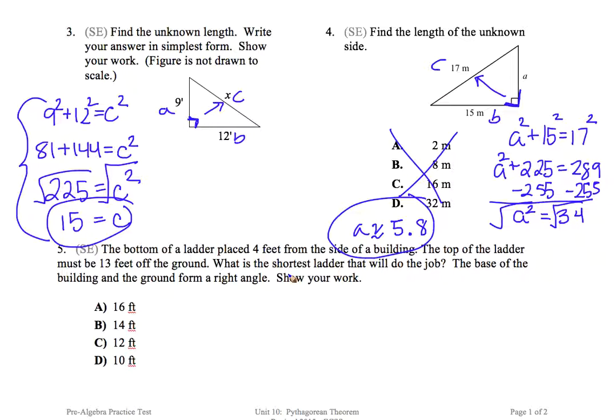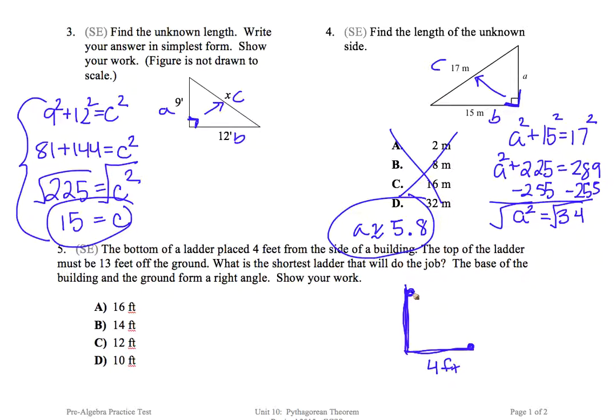Bottom of a ladder placed 4 feet from the side of a building. Top of the ladder must be 13 feet off the ground. So here's my building. Pretend that that's straight. And here's my ground. So this is 4 feet because here's the bottom of my ladder.